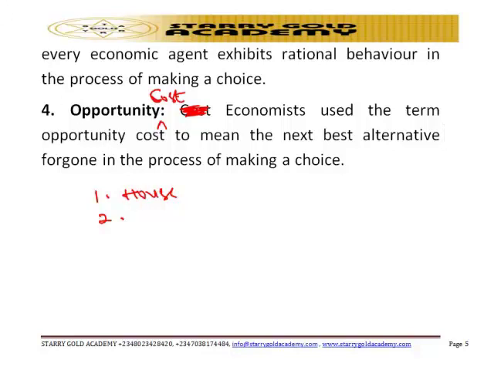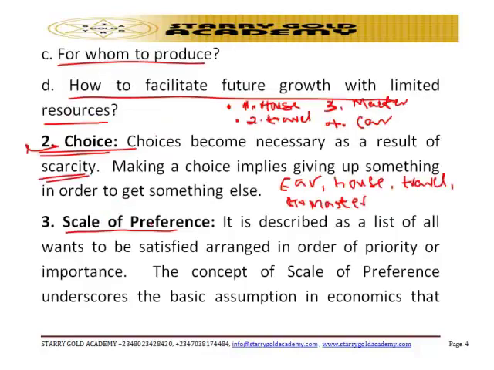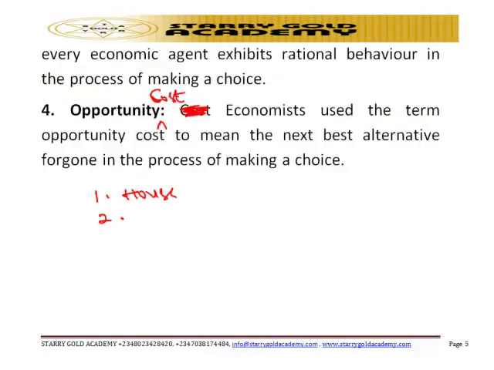The second one was travel. Third one is master's. My second want on that scale of preference was to travel, followed by my master's, and number four was to get my car.